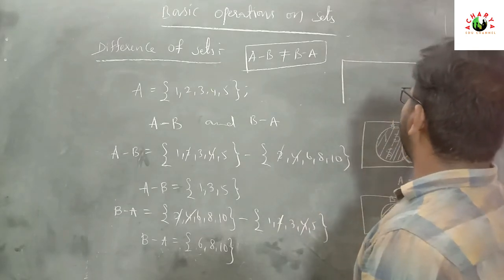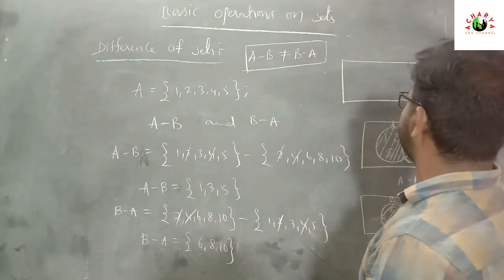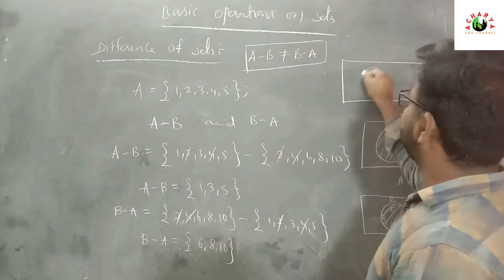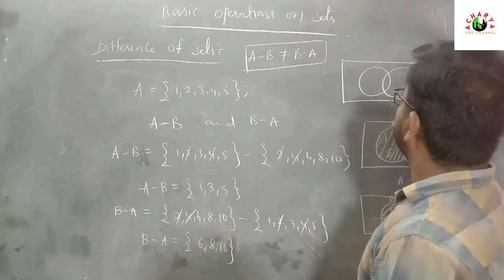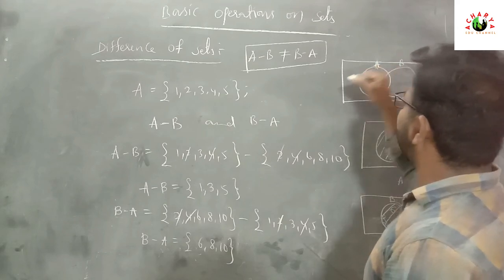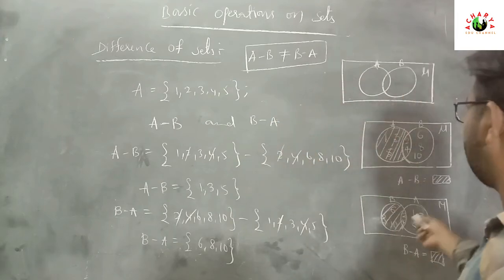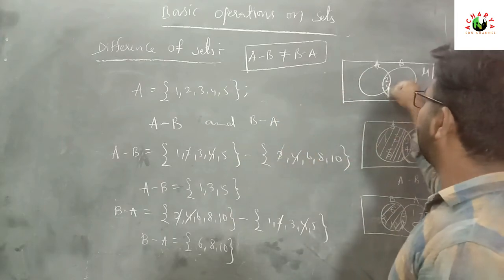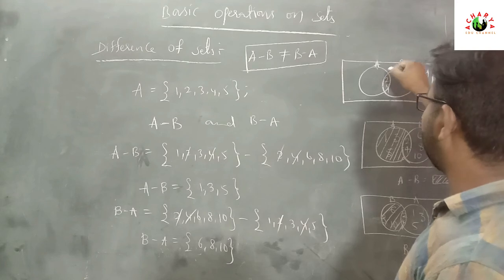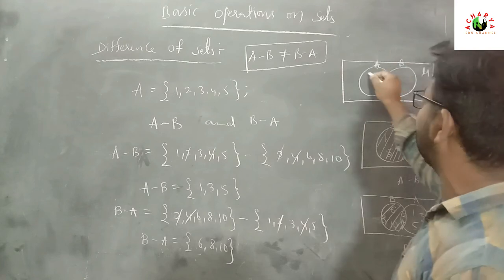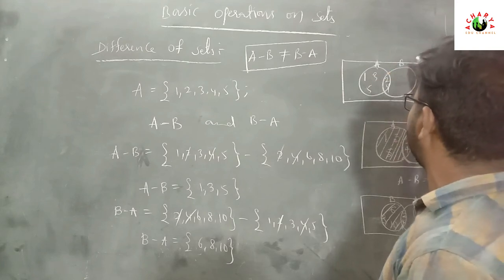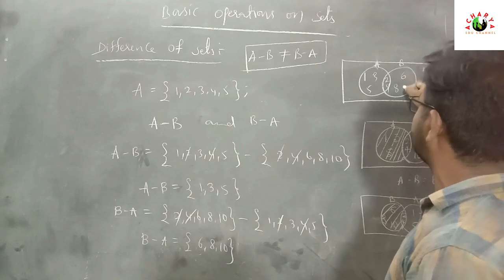For B minus A, we can draw it two ways. Here mu, and you can take A and B, that is not a problem. What are the common elements? 2 4. The remaining elements in A? 1 3 5. The remaining elements of B? 6 8 10.